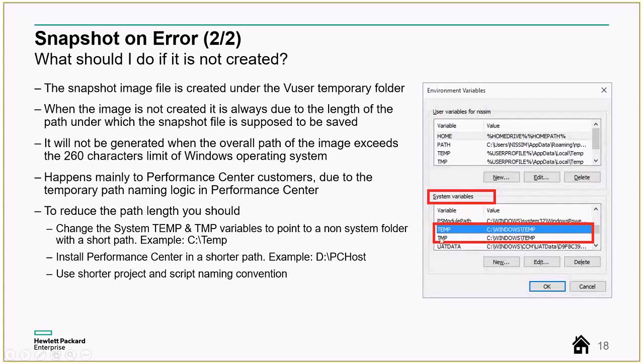The reason for that is because whenever Performance Center identifies that this is the temp directory, it will not write under a system folder, and it will just concatenate a much longer path than what it should be. So if you modify that, then the temporary files will be saved over there.